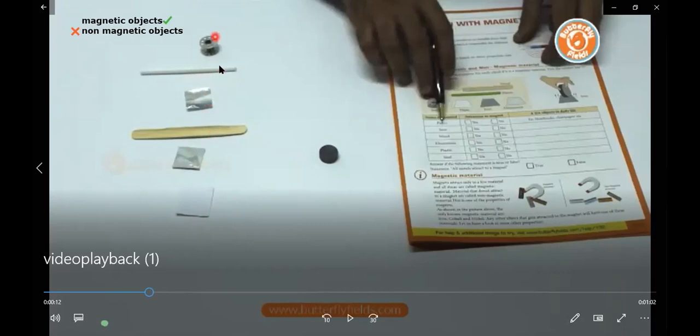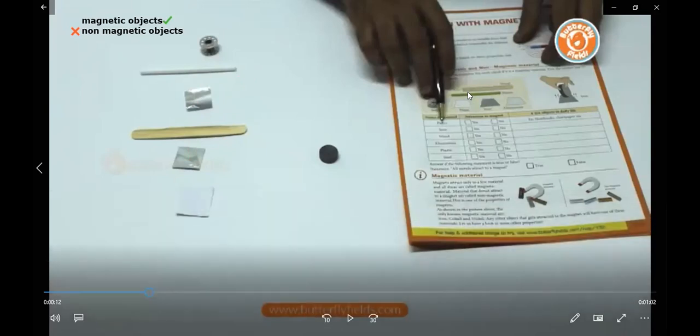We have three kinds of metals right here: iron, aluminum, and steel. When I call your name, I want you to tell me if this is a magnetic object or non-magnetic object.